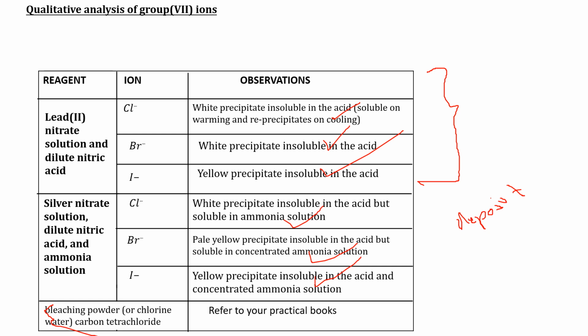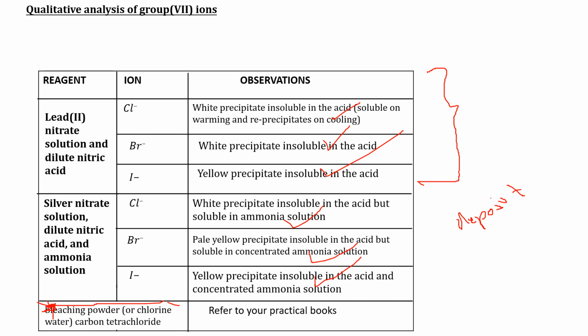For this one, you're going to refer to your practical book. Practical books will give you the elaborative explanation, and you have to note it down here in your notes because it's asked highly in your mock examinations.